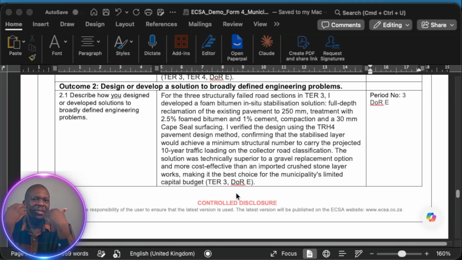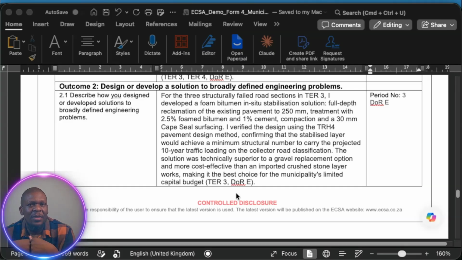So here you are saying how you developed a solution. You didn't perform any calculation. However, with your experience, you are developing a solution to say, okay, for this kind of problem, this is what I think you can do. Of course, it's always good to confirm using calculations. However, if you are confident, you can also use experience to develop a solution.